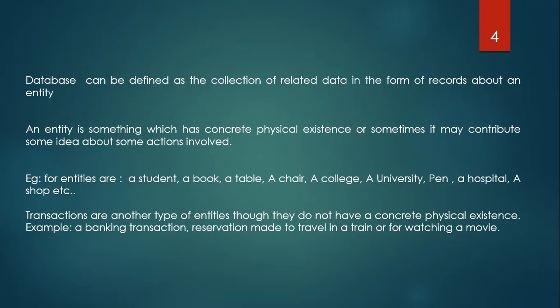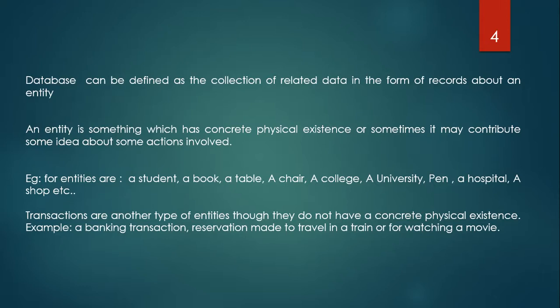Another example of a transaction is a reservation made to watch a movie. Whenever you go to watch a film, you need a reservation. That is also just a concept, saying that this particular seat is reserved for so-and-so for this particular show. Another transaction is reserving tickets to travel by train.